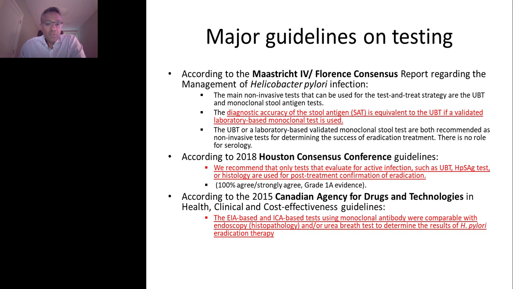And closer to home, the Canadian Agency for Drugs and Technologies concluded that the EIA-based and ICA-based tests using monoclonal antibodies were comparable with endoscopy and/or the urea breath test to determine the results of H. pylori eradication therapy. So we see close alignment of major guidelines on the use of the stool antigen test and the urea breath test for screening.